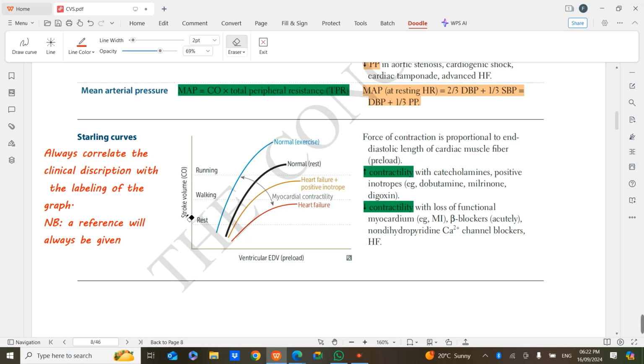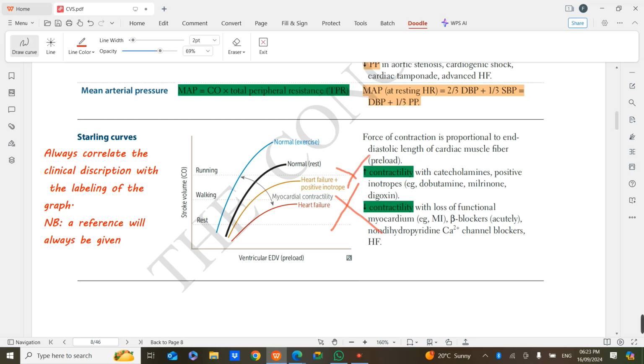So what is the y-axis here? Stroke volume. What is the x-axis? End diastolic volume, the volume you load into the heart. So this is the normal. Let me assume the first one they are giving us is below the normal. Let me just call this one X. They give us two curves below the normal.